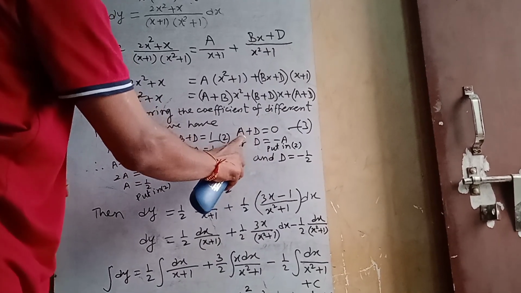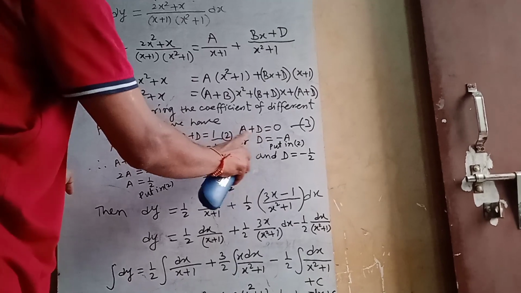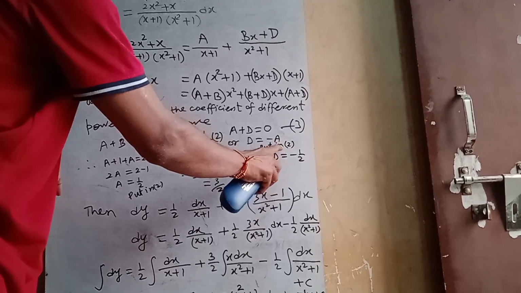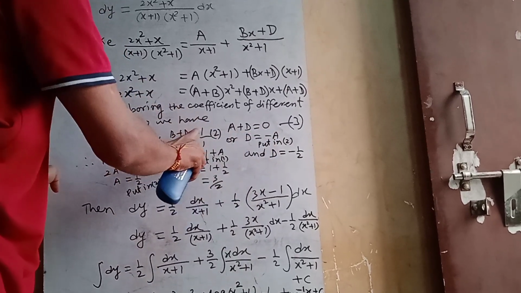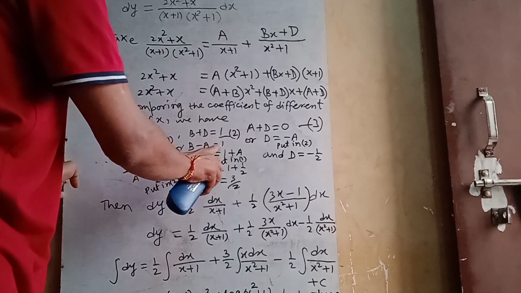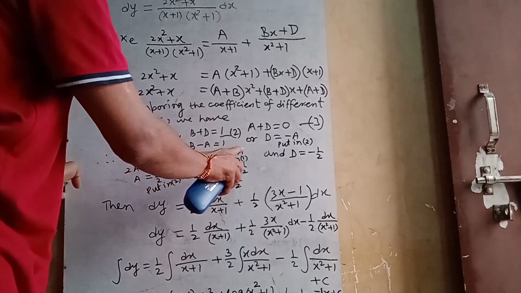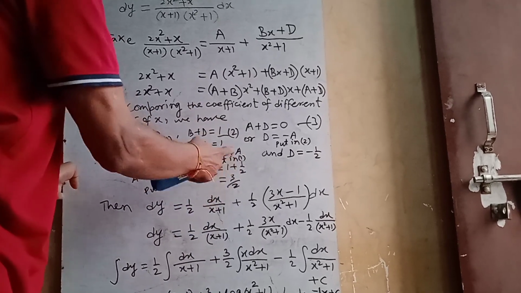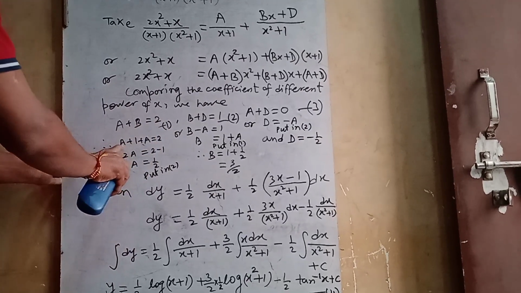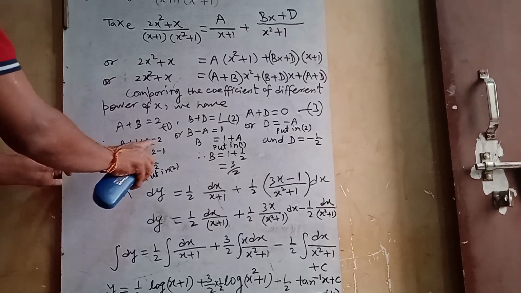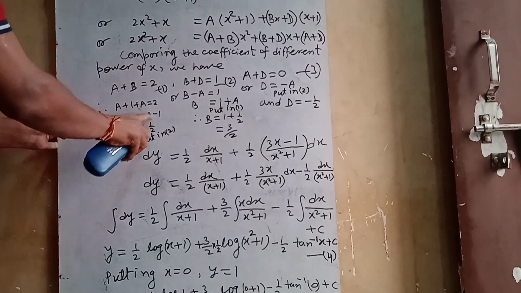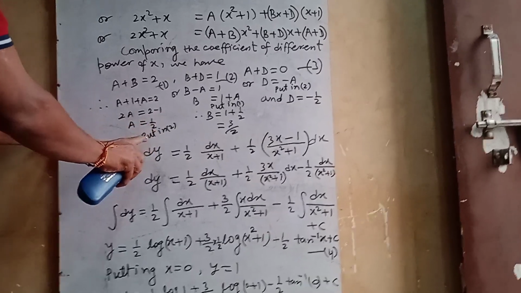Now we find the value of d in terms of a, that is d equals minus a. Put this d equals minus a in equation number 2, that is b minus a equals 1. So b equals 1 plus a. Now this is substituted in equation number 1 and becomes a plus 1 plus a equals 2. 1 goes to the other side, and 2a equals 2 minus 1, a equals half.